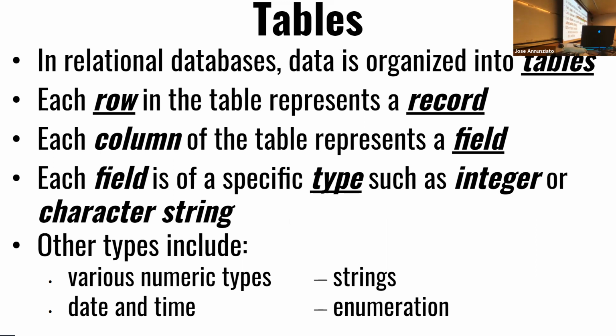Equivalently, we think about a table in the same way. So a table is a collection of rows, where each row is a data point, and each data point can have all sorts of attributes.